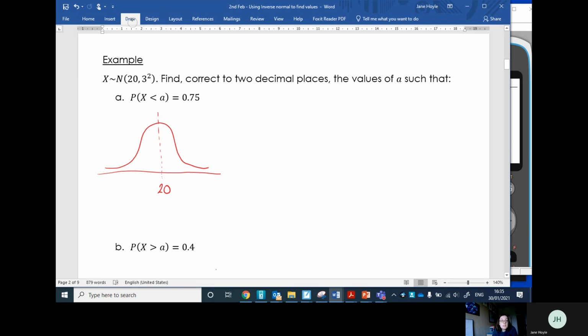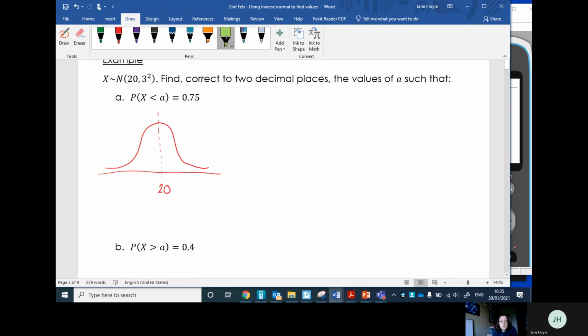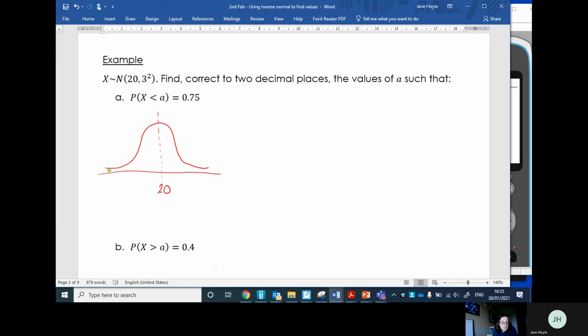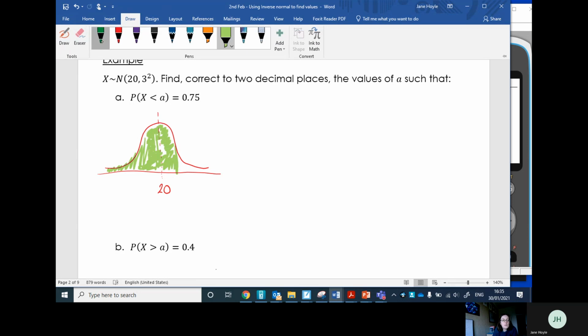So to get an area of 0.75, I know that everything from here to the mean has an area of half, 0.5. So obviously if you get 0.75, I'm going to be going to that point there. We're going to have all of that. So let's label our point A there.